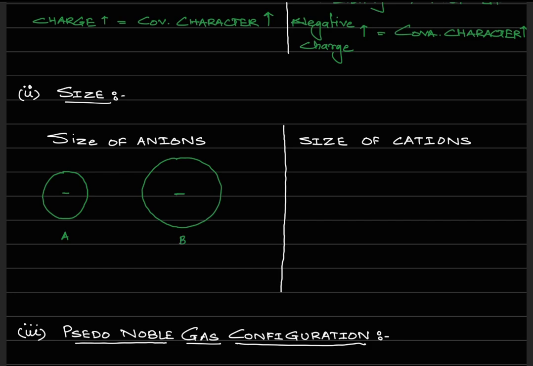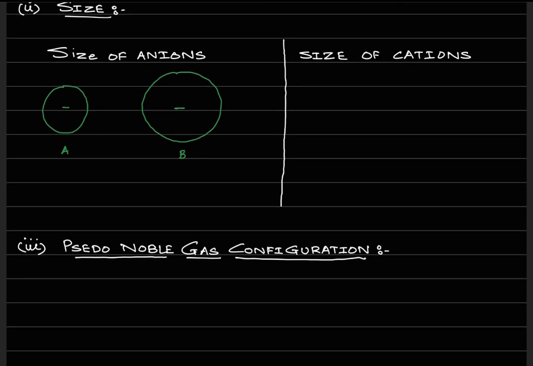Are both of them having the same sizes? The answer is no. So where would it be easy to remove, or attract, the outermost electrons? It would definitely be easy in anion B.